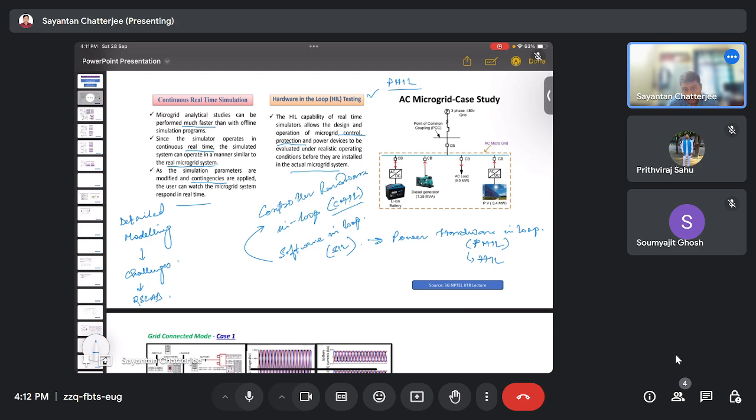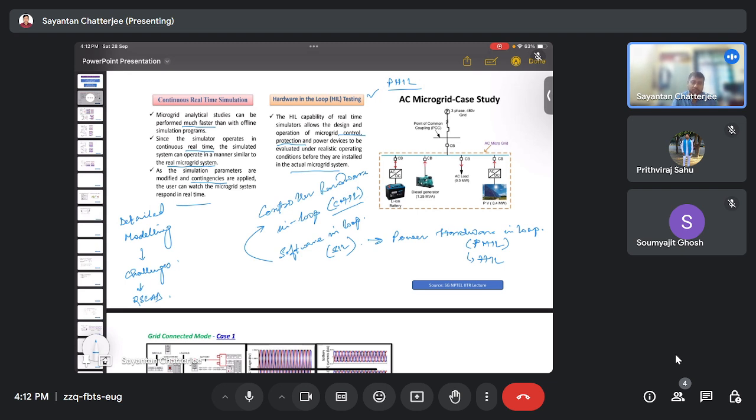The advantage that it provides is that it mimics the entire system, and as a result, we get to know the responses of how the system behaves, how the currents and voltages would be affected. Using this, we can also go for planning studies because a microgrid is ultimately a distribution system.